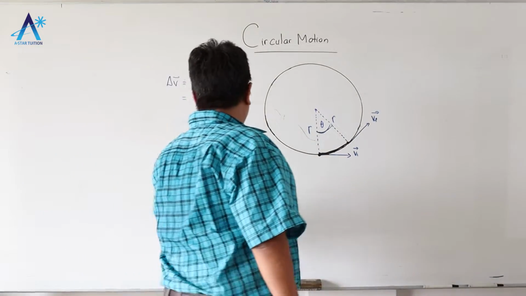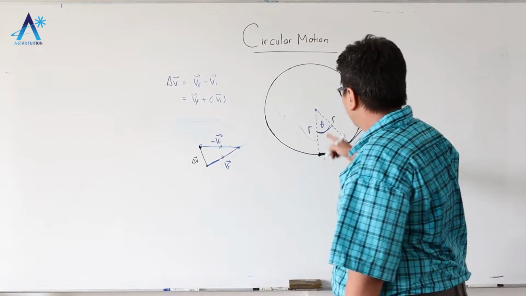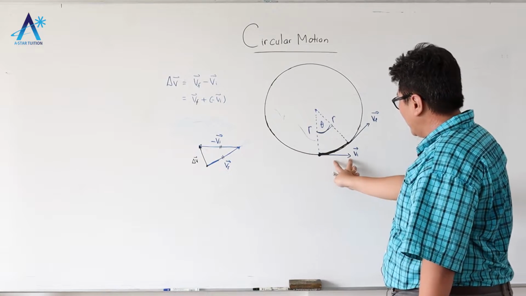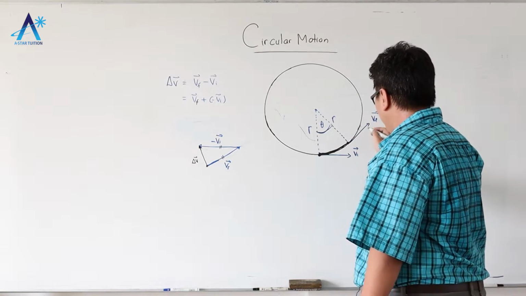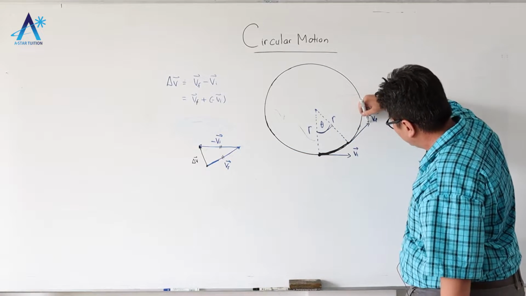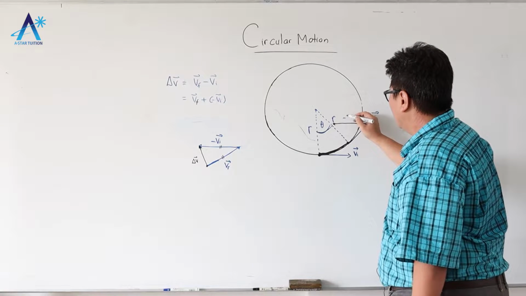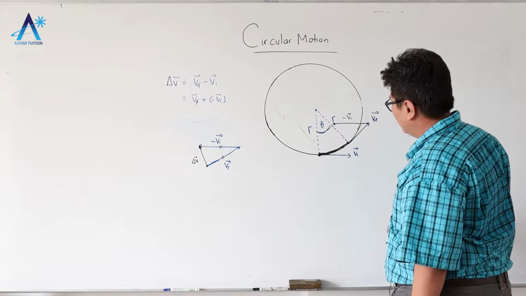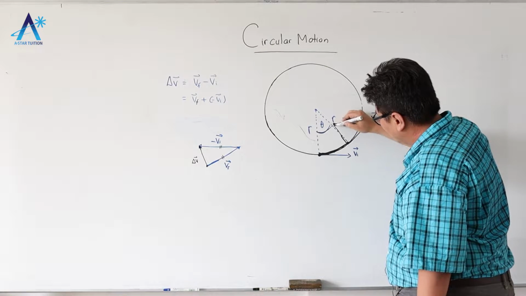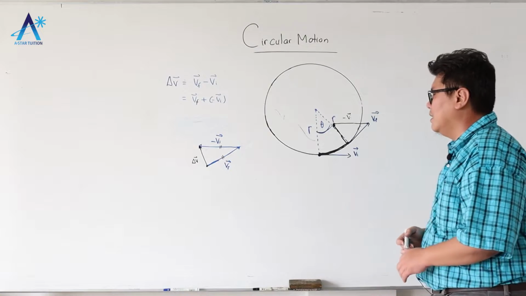Now you can see that the delta v is directed to the center of the circle. If you were to move vi here, let me redraw this situation. So this is minus vi, and then vf minus vi gives you this. So it gives you a direction that is towards the center of the circle.